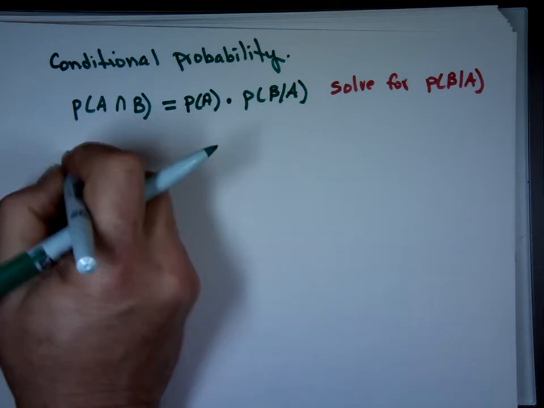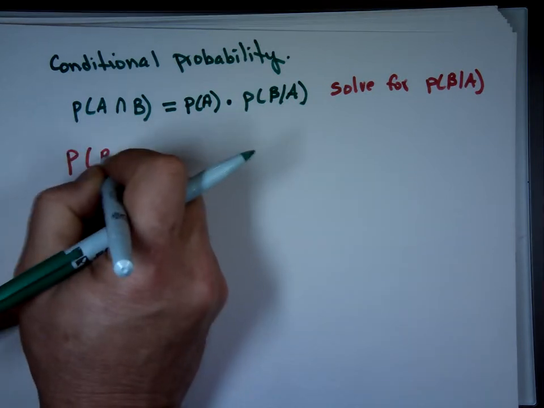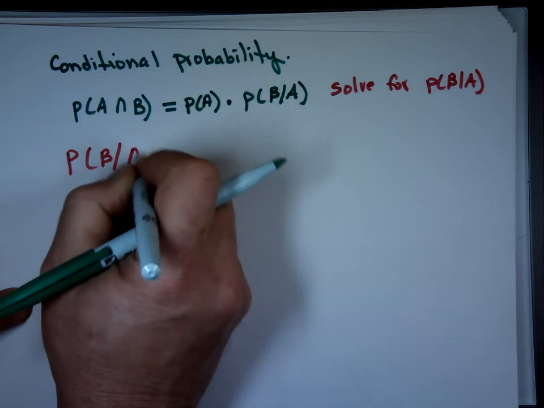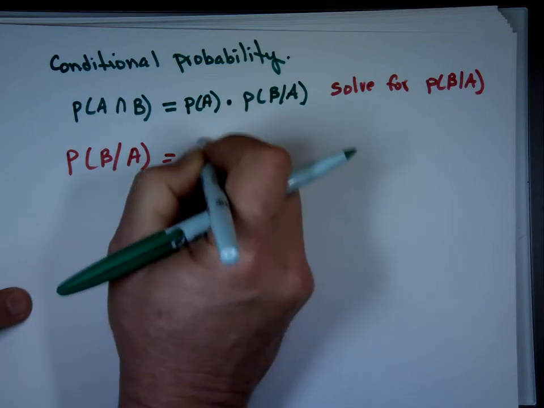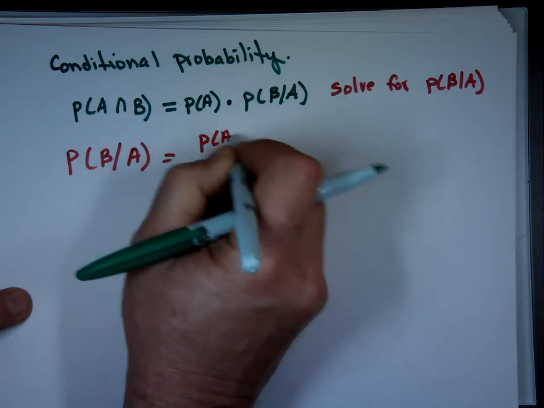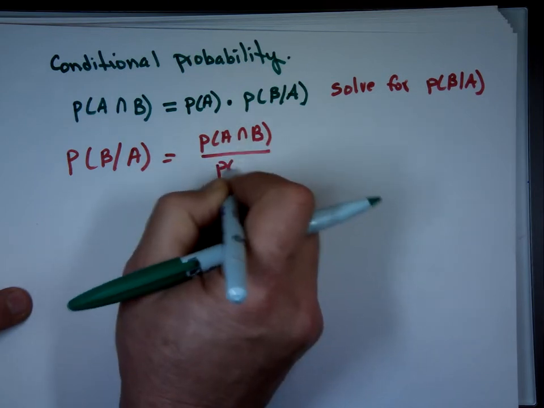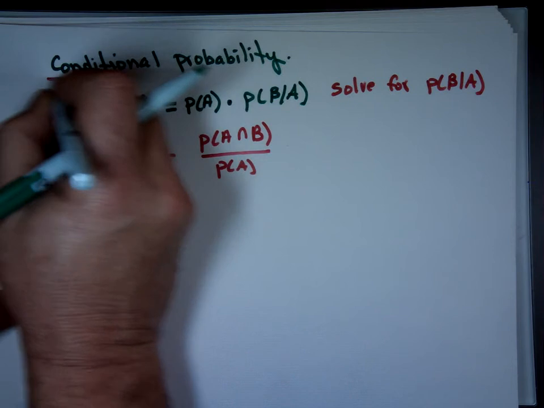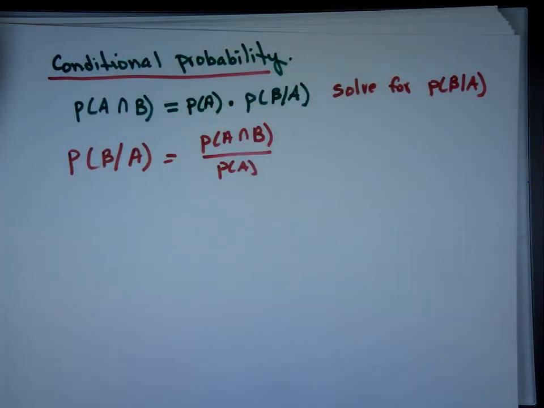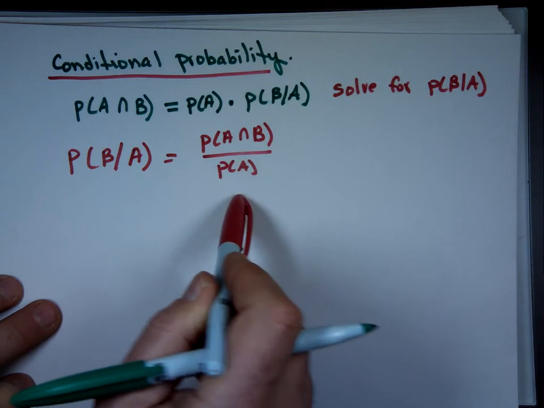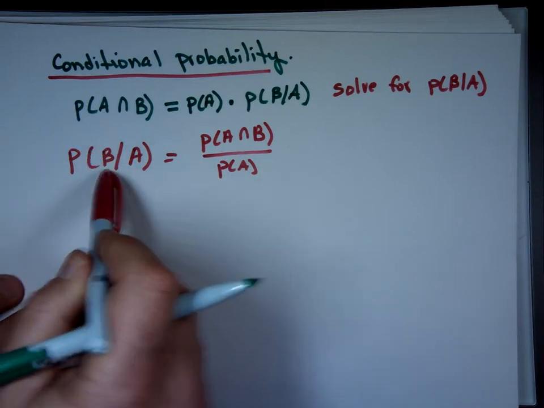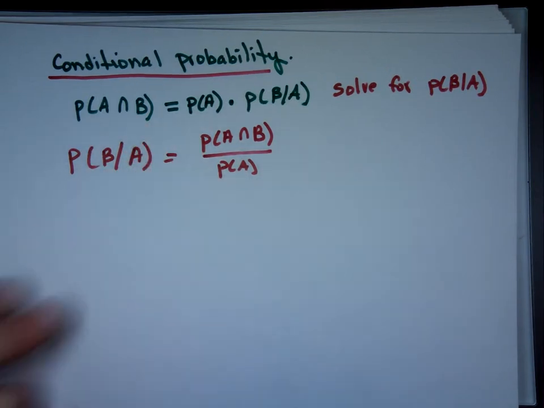The probability of B given A, knowing A already happened, is the probability of A and B divided by the probability of A. That's what conditional probability is. We know this condition that A already happened. So what's the chance B will be selected knowing A already happened?